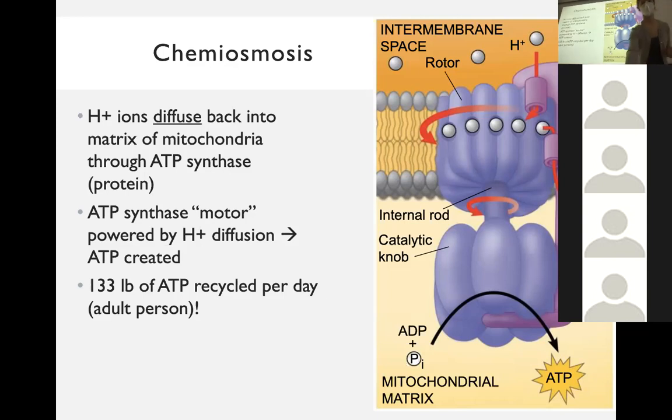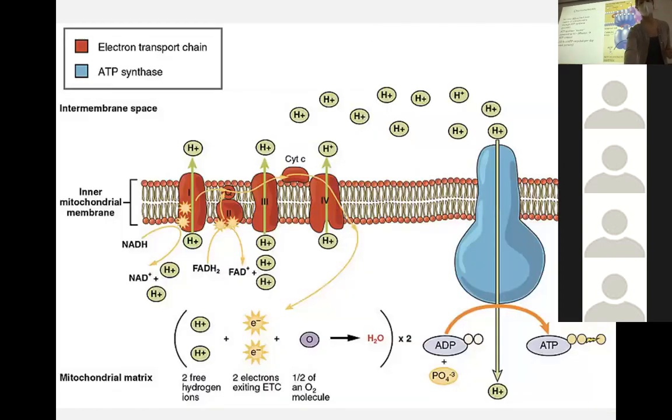Okay, I'm going to zoom out a little bit here and look at the whole process of oxidative phosphorylation. So those two steps where you have the electron transport chain, and then you have your ATP synthase chemiosmosis.